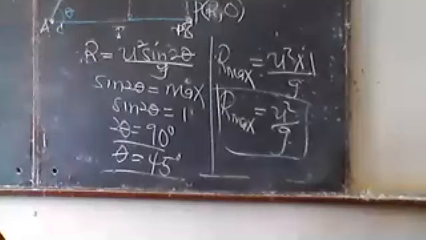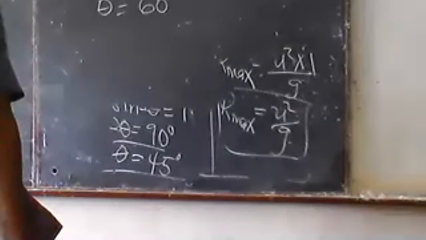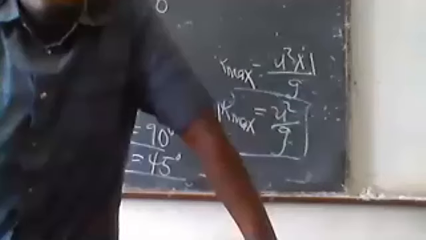Have you got the question? What is u? U is the initial velocity, 25 meters per second. Can you repeat the question, please? The question is, find the maximum height. Find the time to reach max. Find the time of flight.